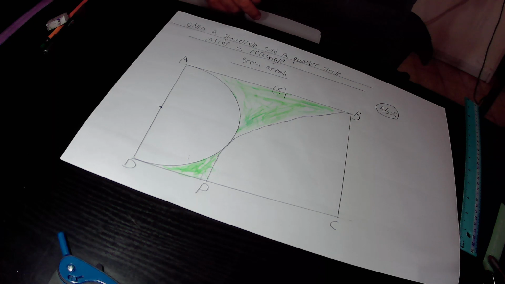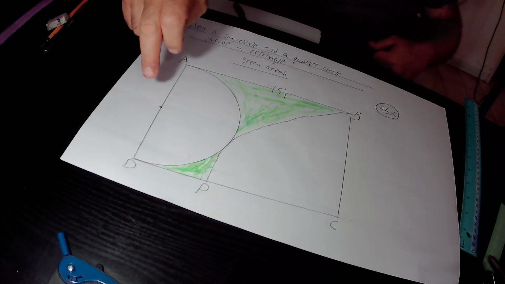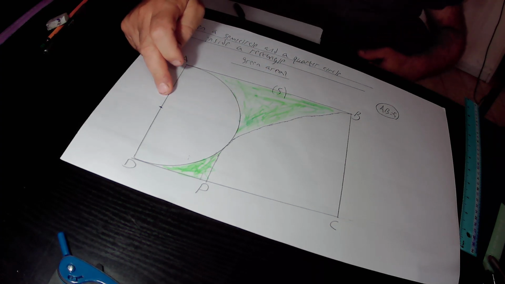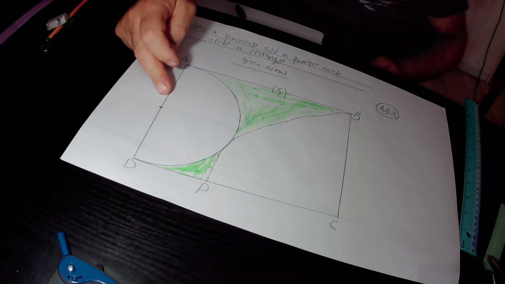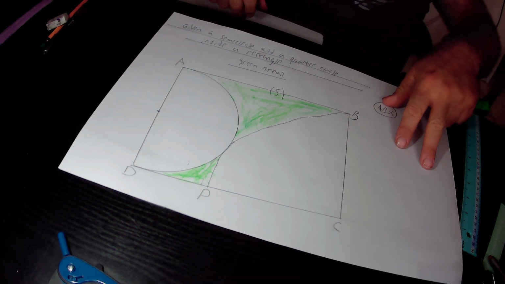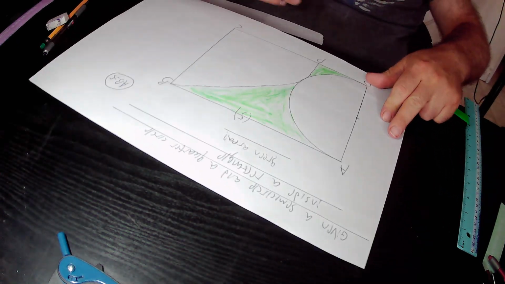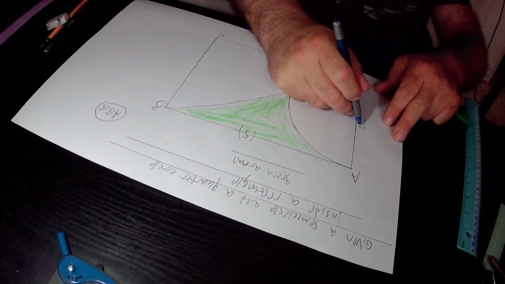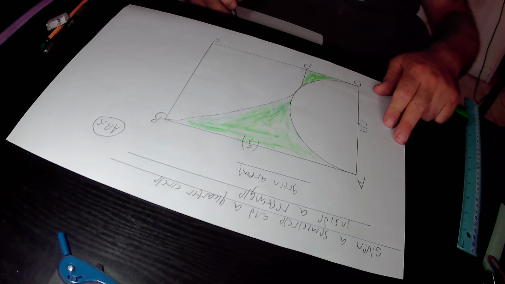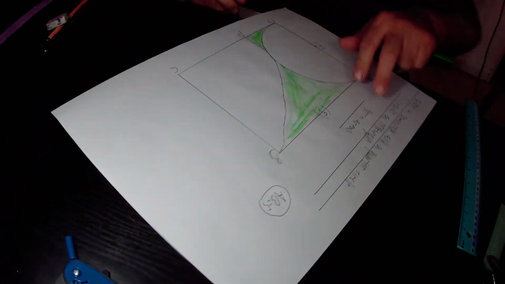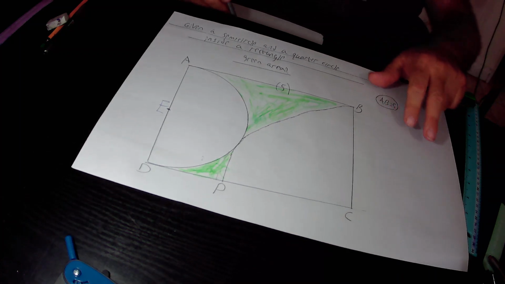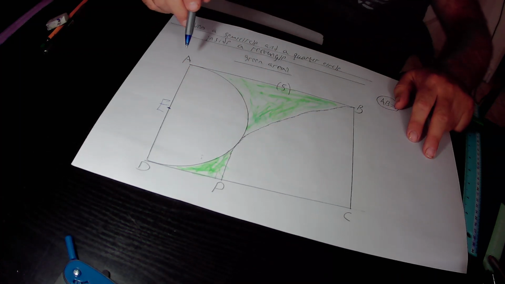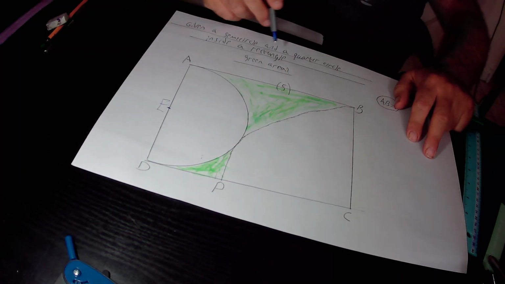So, first of all, we will define the center of this semicircle. This point is point E. ABCD is a rectangle, and we know that the opposite sides of a rectangle are equal to each other.